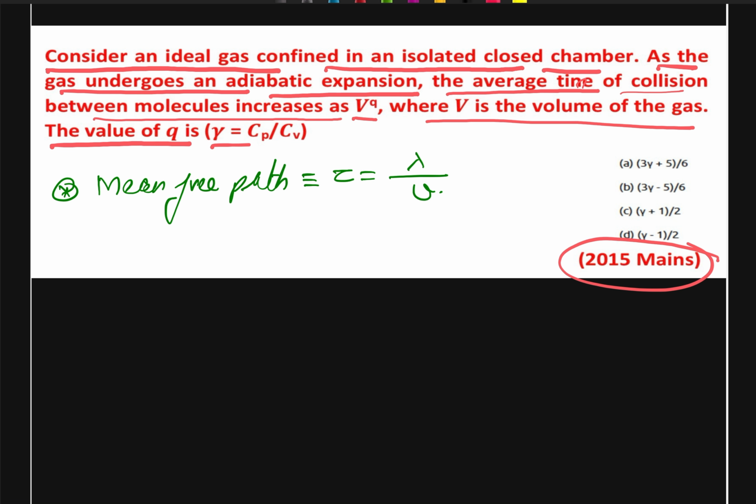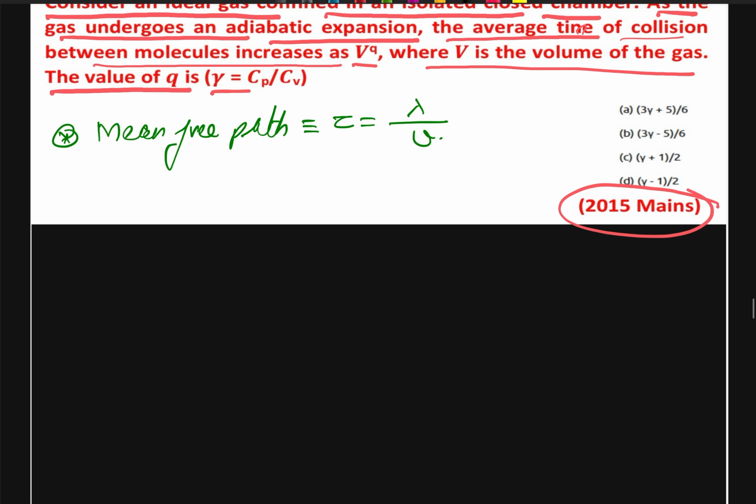This mean free path in terms of our distance can also be written as, lambda is the mean free path and tau is our collision time. My mistake, one second.